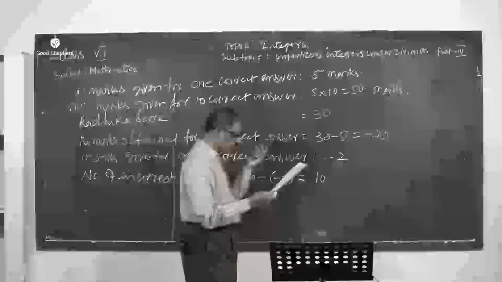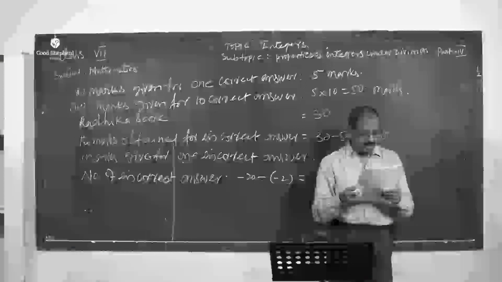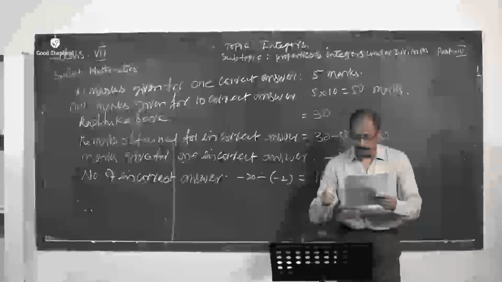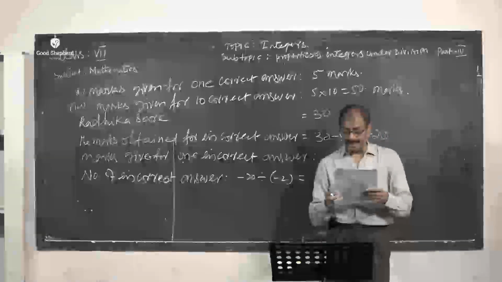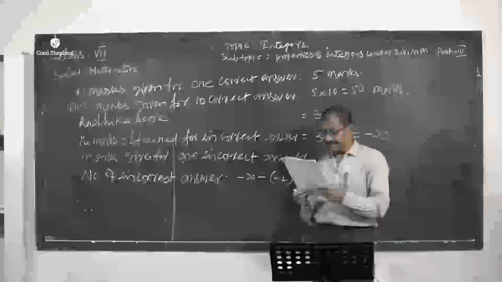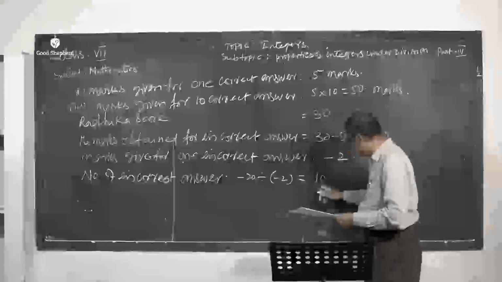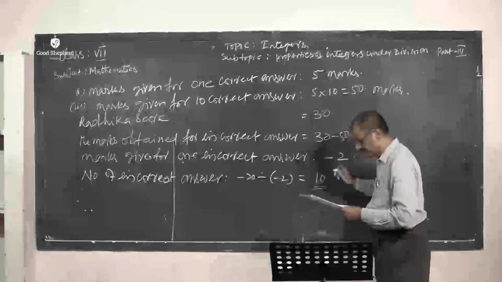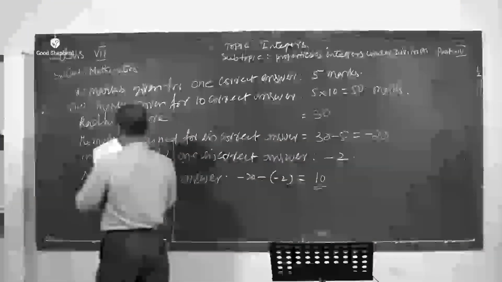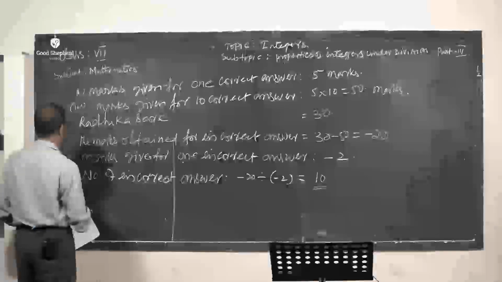Next, one more. Jaya is there. What is given about Jaya? Jaya also answered all the questions and scored minus 12 marks, with 4 correct answers. How many incorrect answers did both Radhika and Jaya have? Now Radhika did 10 questions wrong. What about Jaya? We wrote this for Radhika.